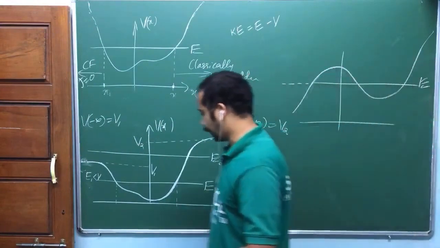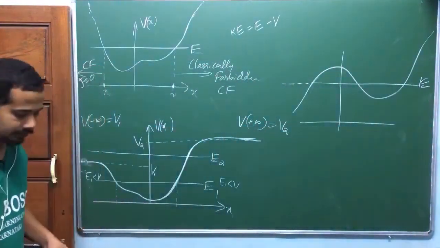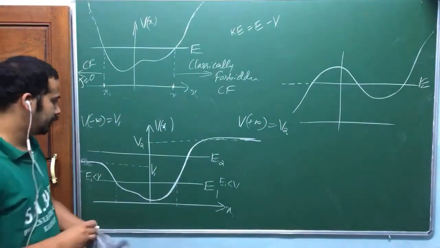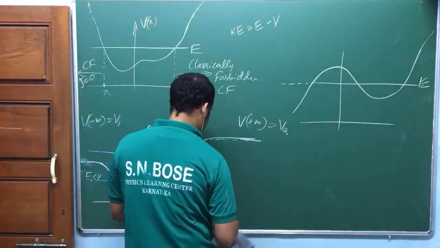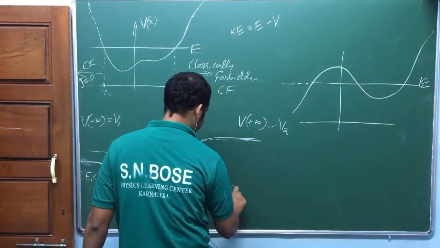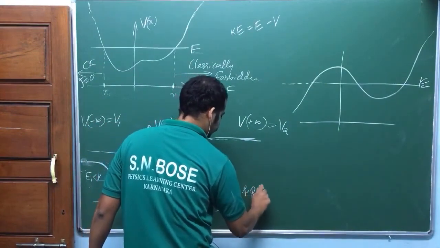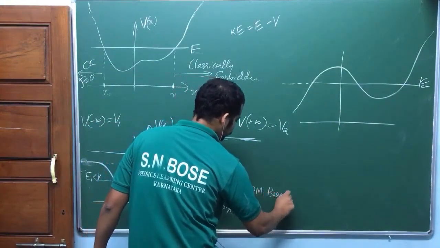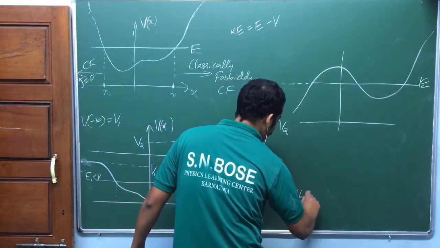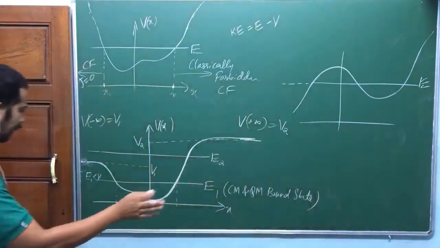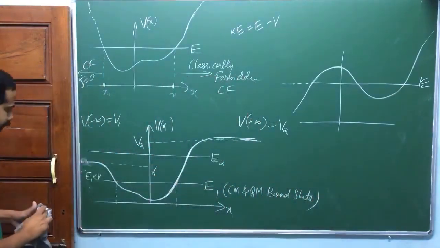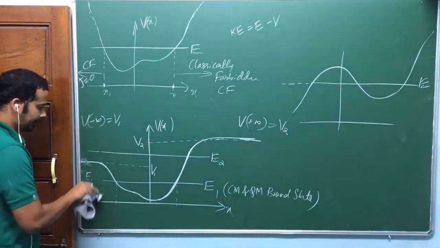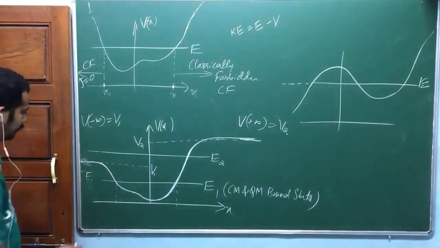So that's why the E1 situation is a classical as well as quantum mechanical bound state. Why? The particle cannot escape in either direction.